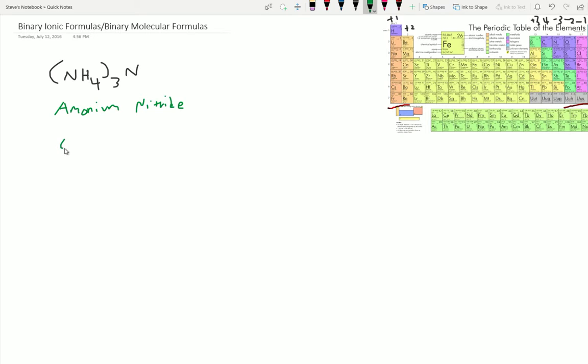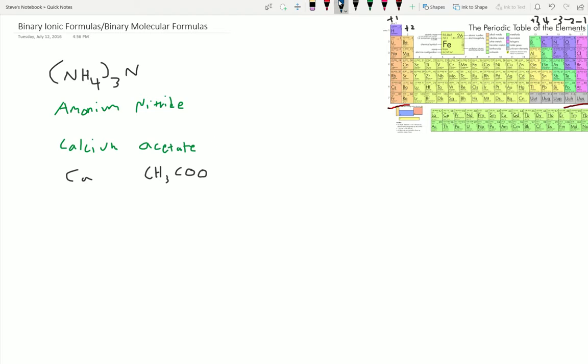Now we will take a name and turn it into a formula. Here we have calcium acetate. We write down the symbols. Calcium, it is Ca. For acetate, it is CH3COO.